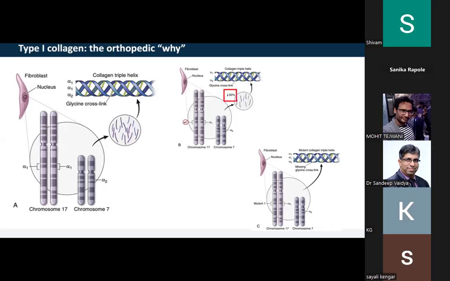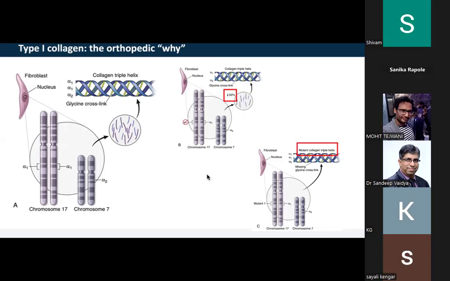But now let us focus on figure B. This shows what a quantitative defect does. This is essentially Sillence type 1 OI, where you have a stop codon in one of the COL1A1 genes, which will result in no mRNA being formed. So the total number of collagen molecules formed is going to be less, but normal in structure. So this is a quantitative error.